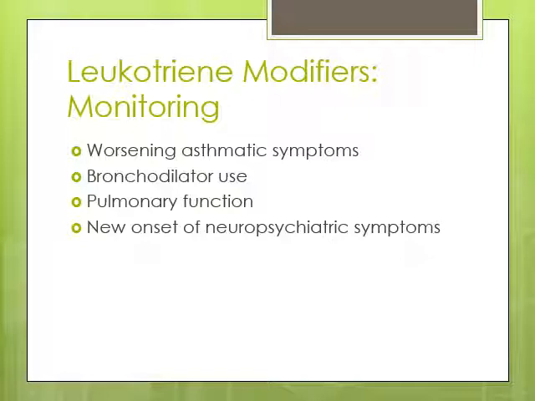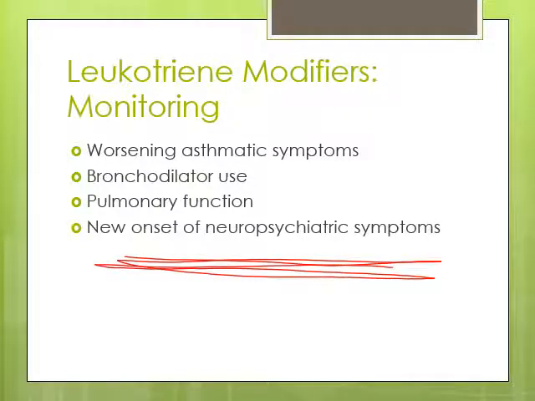We talked about this before, and that's something that you have to monitor for, and also that's part of your education. These are agitation, aggression, anxiousness, dream abnormalities, hallucination, depression, insomnia, irritability, restlessness, suicidal thinking and behavior, including suicide, and tremors. So make sure that you know this.